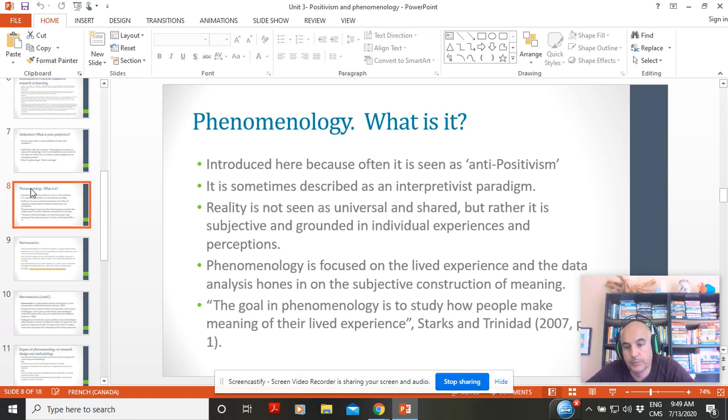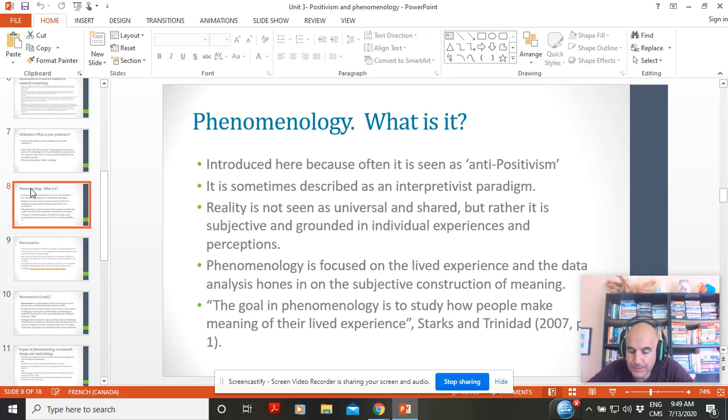You can work in phenomenology as a theory, and then choose another methodology in terms of application. So to avoid the confusion, because the term is used in two completely different contexts, a lot of people prefer to talk about interpretivist theory rather than phenomenological theory. But it is a theory as well, and it's used in that way. So get used to seeing the word used in a confusing way.